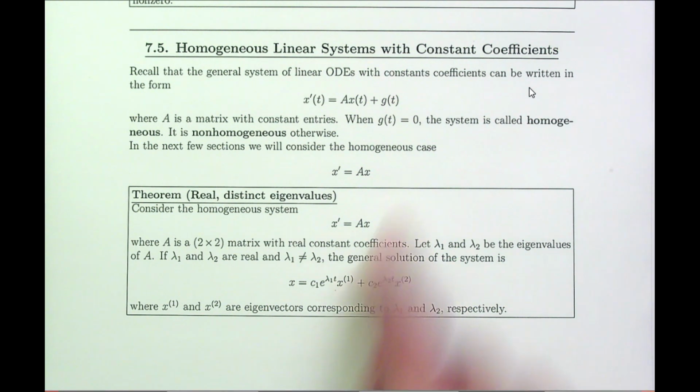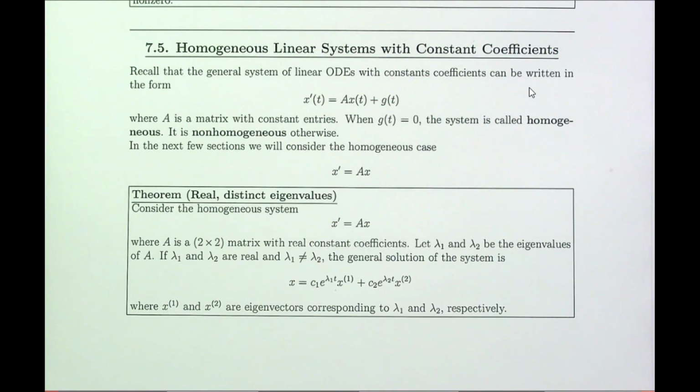When G of t is 0, as I mentioned a little bit ago, the system is called homogeneous. When G is not 0, then it is non-homogeneous. So we're going to focus on the homogeneous case, so G of t equals 0.